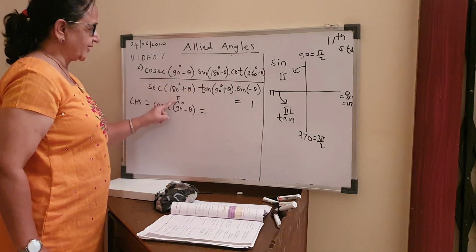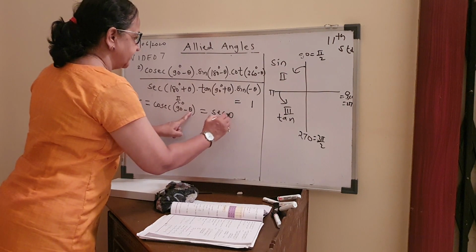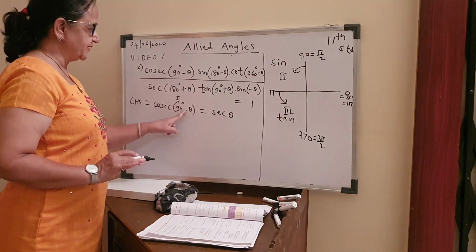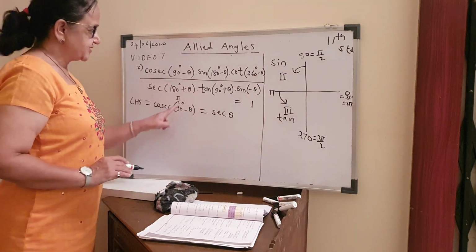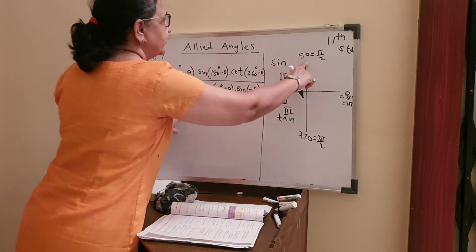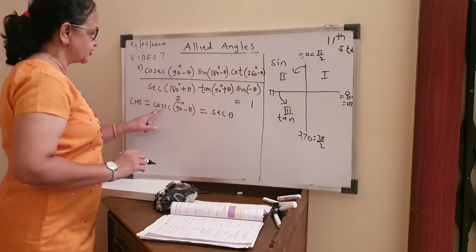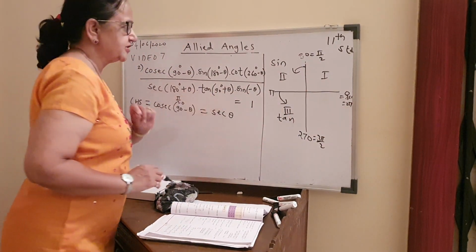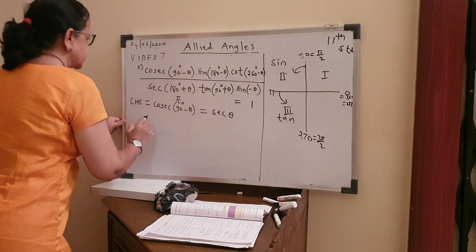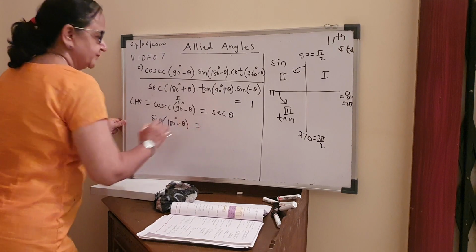Coefficient 1 by 2, fraction, change, cosec became sec, pick the angle as theta. Don't worry if you got minus theta or plus theta here. Step number 2, check the quadrant, pi by 2 minus. Pi by 2 minus, go back, you go back in the first, everything positive, so cosec is positive, so sec is positive.